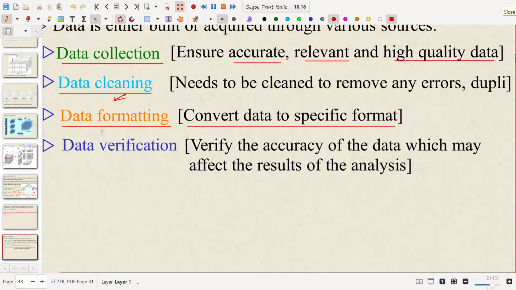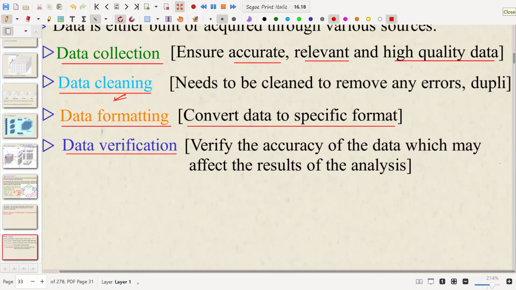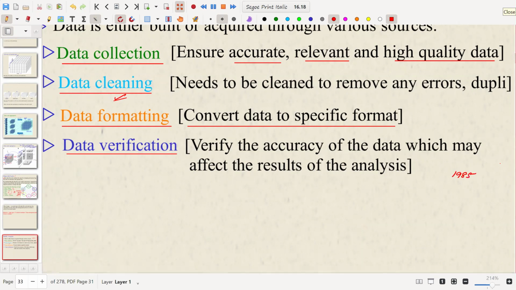Data verification. Verify the accuracy of the data, which may affect the results of the analysis. Suddenly someone, maybe because of fun, when we do a survey, puts the age as 1985. That is of course not correct. 1985 would mean he has lived 1985 years.